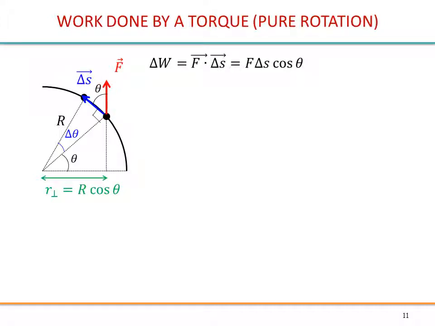So the element of work, as you know, is F scalar product with the displacement, which is here delta S. So you calculate this scalar product: it is F delta S and the cosine between F and delta S, which is cosine theta.